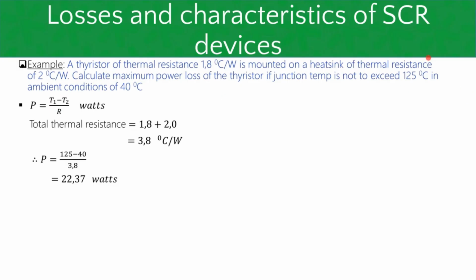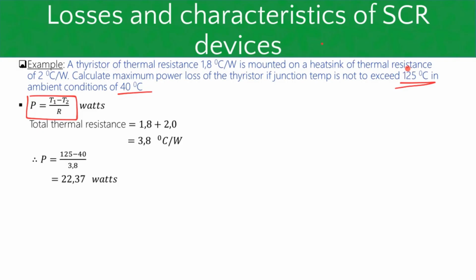So you will see we have our output power, or rather the power dissipated by our component, and then we have our difference in temperature. So T1 would typically be the temperature of your SCR, or your junction temperature. In this case, it's 125 degrees C with 40 degrees C ambient conditions.